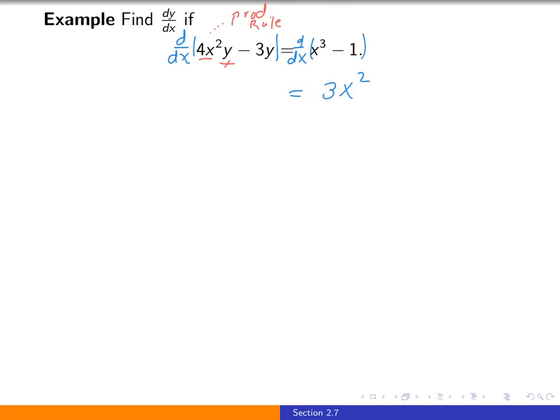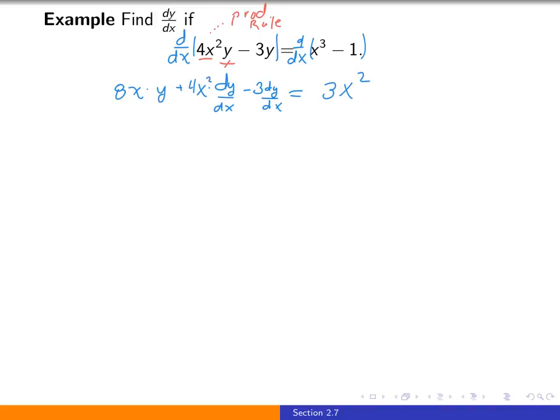So we would get the derivative of the first, so the derivative of 4x squared is going to be 8x times the second function, which is y, plus 4x squared, the first, times the derivative of the second. And with respect to x, the derivative of y is dy dx. And then we subtract away the derivative of 3y with respect to x. So that will be 3, and this is an implicit derivative, dy dx.